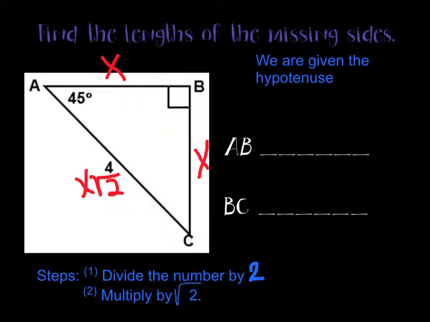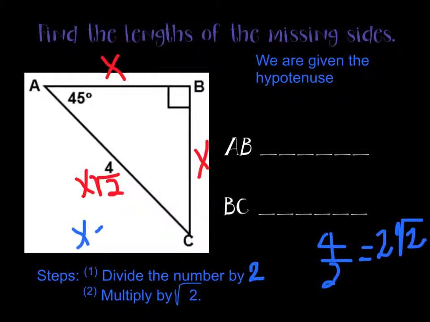Watch. 4 divided by 2 is equal to 2. My next step says to multiply by the square root of 2. Well, you know you can't multiply those numbers together. So my answer, x, is 2 square root of 2. That's how you find x if you're given the hypotenuse.